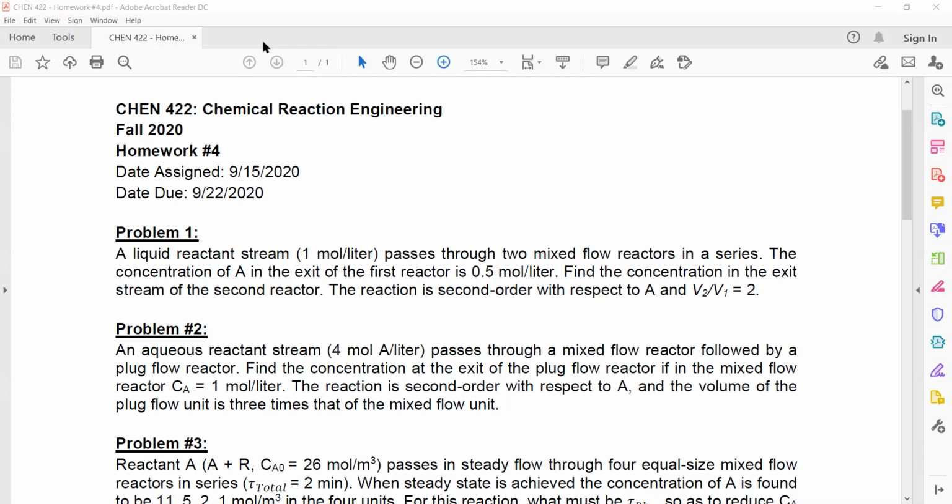Let me open the whiteboard here. Okay, and let's start. So this is homework 4, CHEN 422, and problem 1.